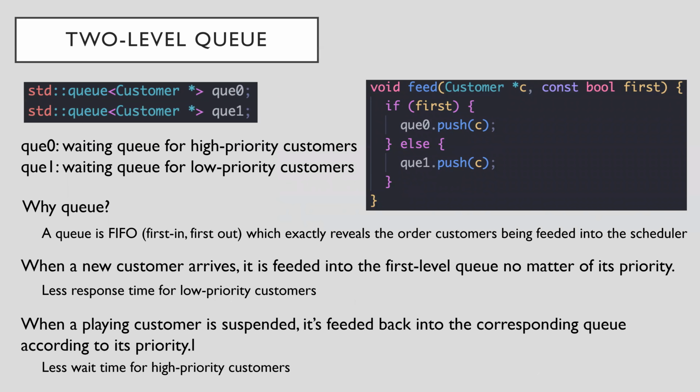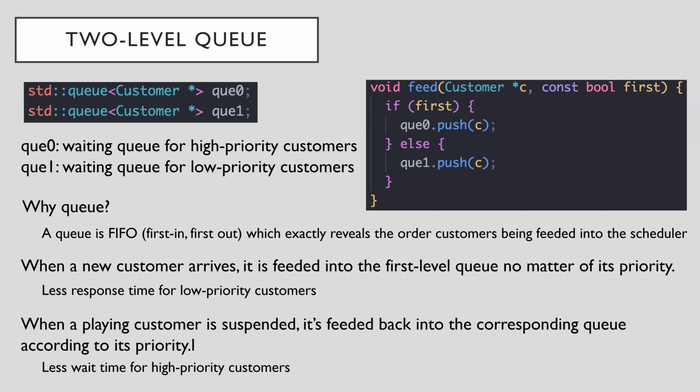Here comes the core of our scheduler. The backing two-level queue, Q0 and Q1, hold high priority and low priority customers respectively. The reason why we use a queue data structure is that a queue is first in, first out, which expectedly serves the older customer first.